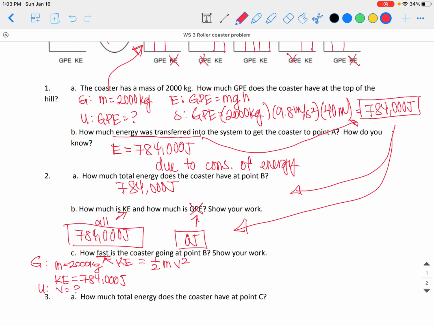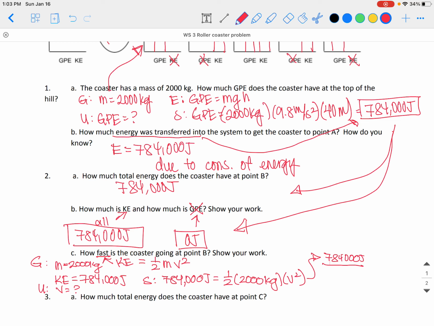All right, let's start plugging in these values. This is our equation, so our substitution is 784,000 joules is equal to 1/2 times 2,000 kilograms times velocity squared. We're going to move the work up here, and I'm going to take my 784,000 joules and divide it by 1,000 kilograms.